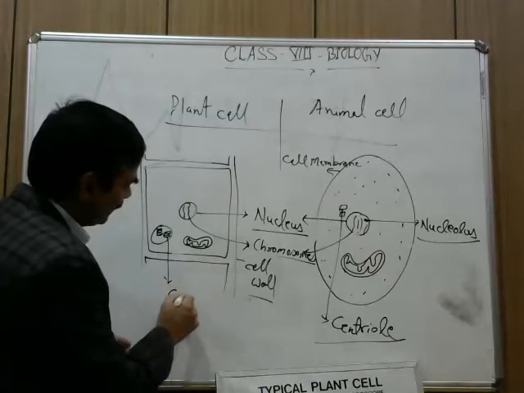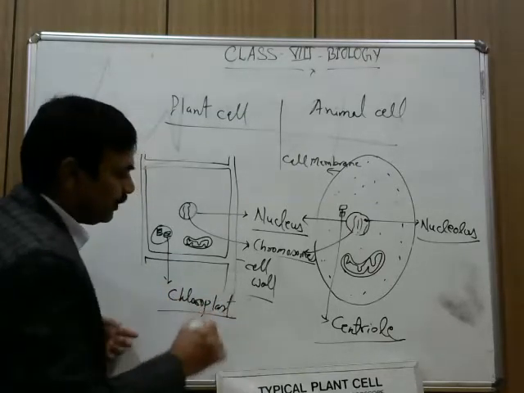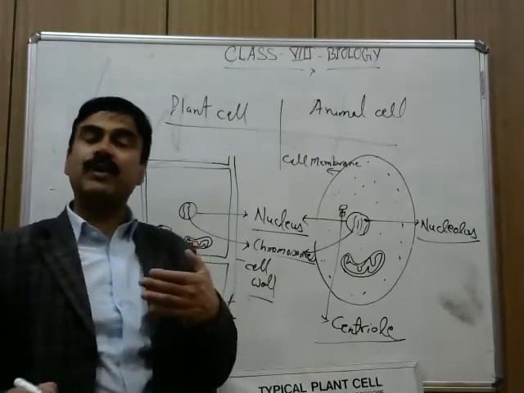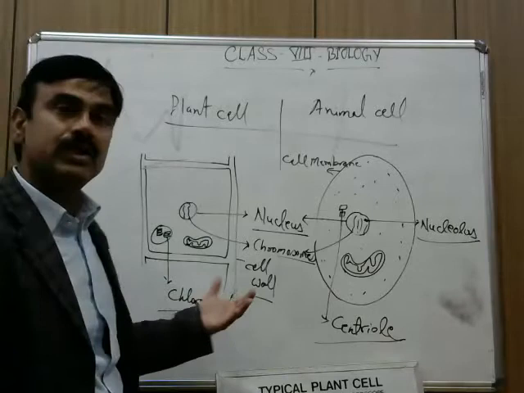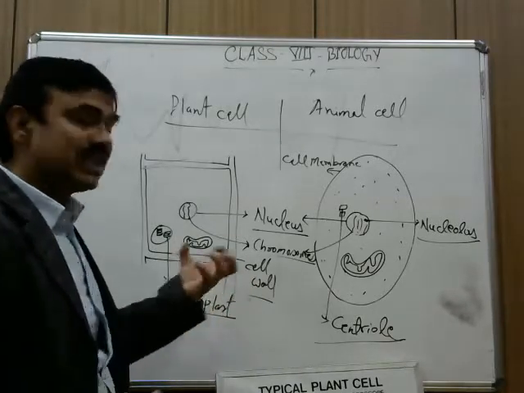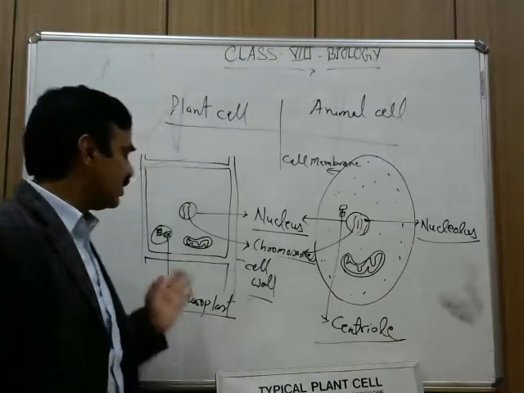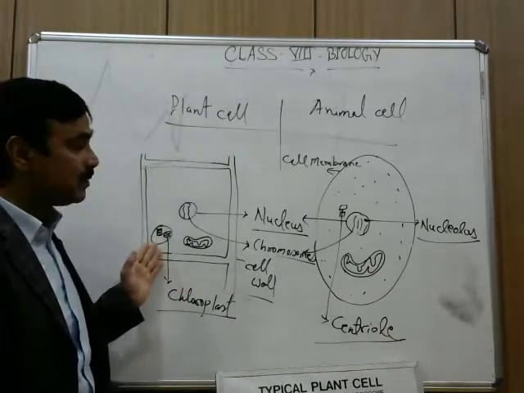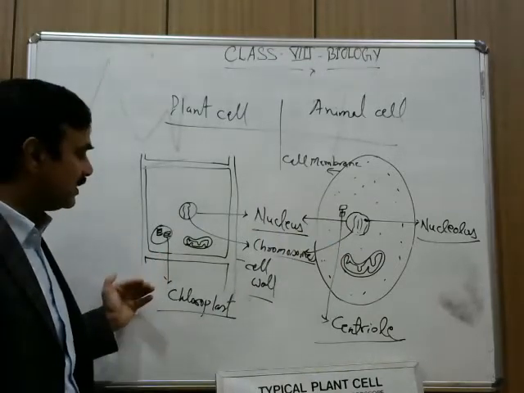Look at this: plastids are divided into chloroplast, chromoplast, and leucoplast. Chloroplast helps in the synthesis of food, and that is why it is known as the kitchen of the cell. Chloroplast is absent in the animal cell and present in the plant cell. You have to remember this.